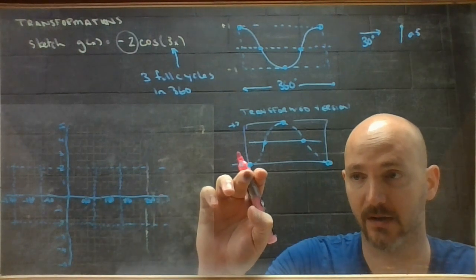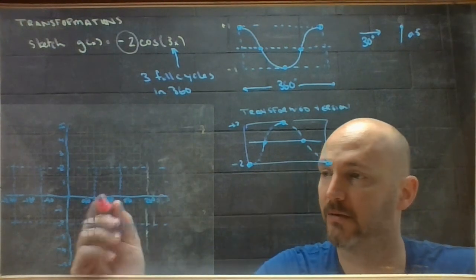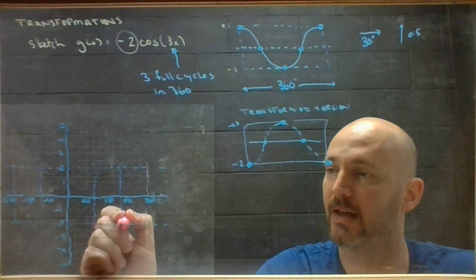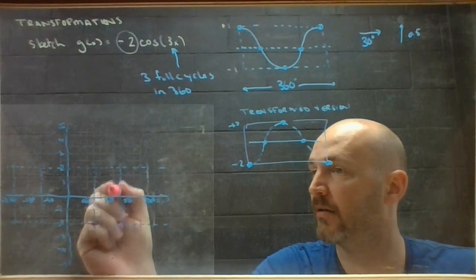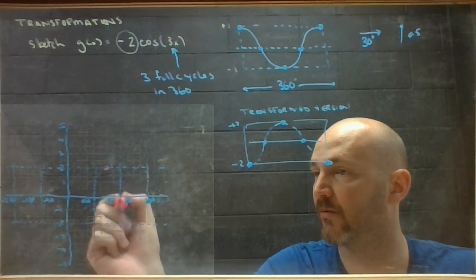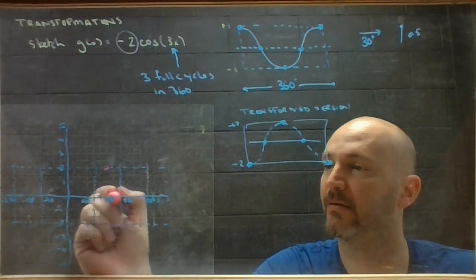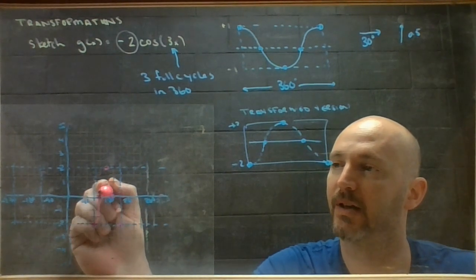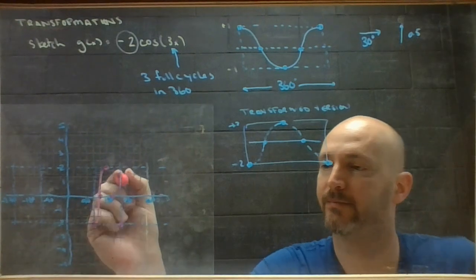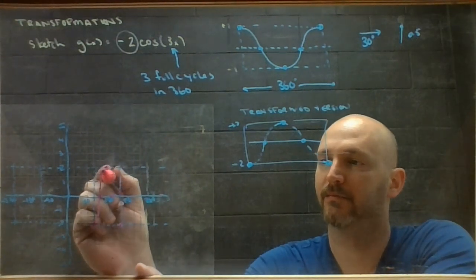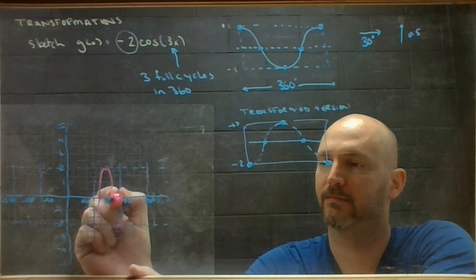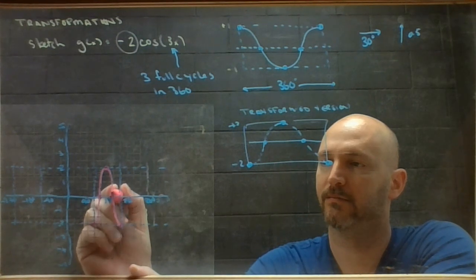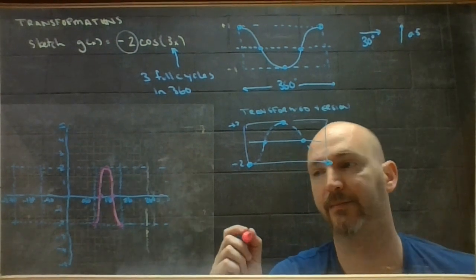Looks like it starts low, ends low, peak exactly halfway, and then you zero halfway between those. So I've got this crazy looking thing here. Something like that.